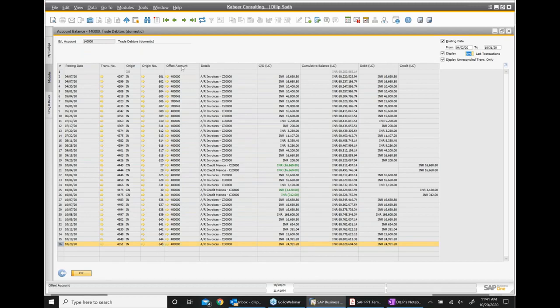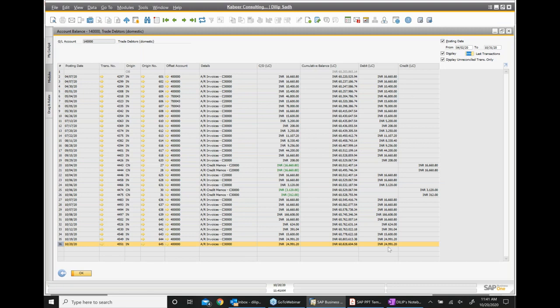What is my offset account? This is my revenue account. And this is my offset account. The revenue was credited. The GL account is debited.